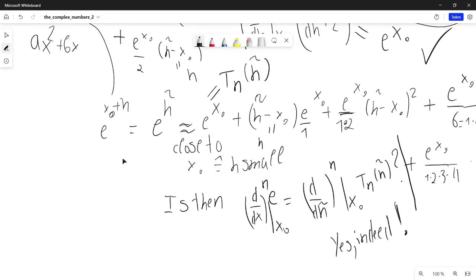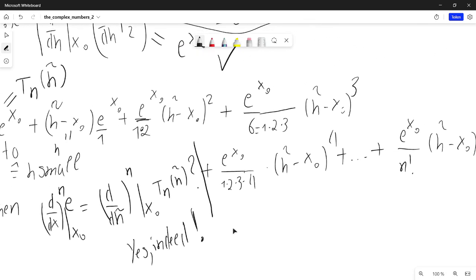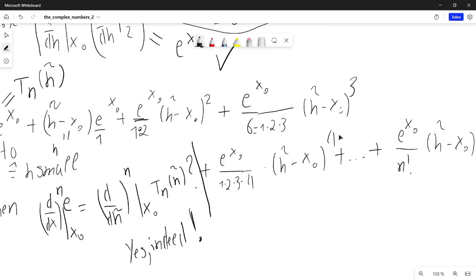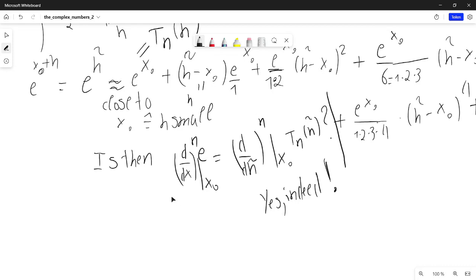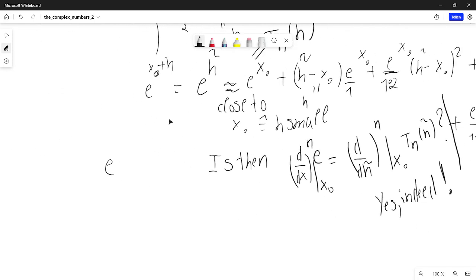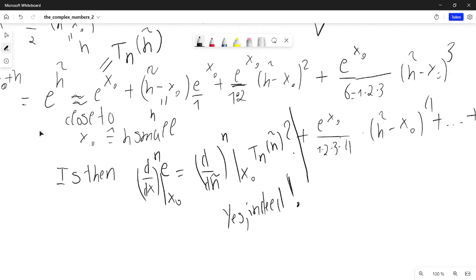If we take x0 like that, and we take h like that, then what we get is computation of e, which is not only approximate, but, well, looks good.